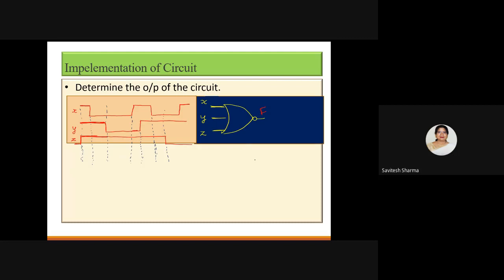You already know that it produces one output if and only if all inputs are 0. You remember what the truth table was?